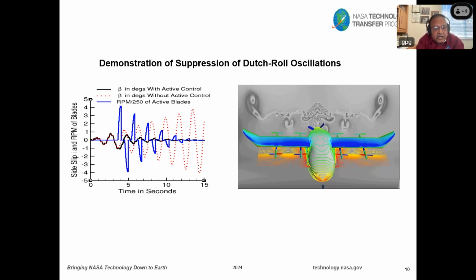And once they get activated, it starts suppressing the oscillations. You could see the change in the RPM. In the beginning, it'll be high speed. As it gets suppressed, the RPM keeps reducing.